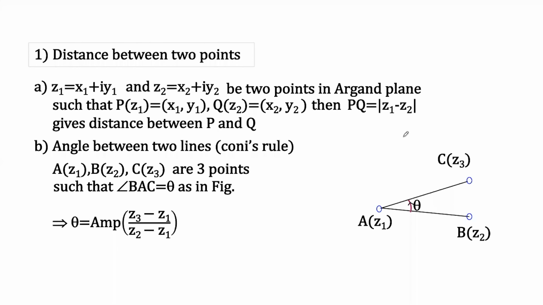Right, in complex numbers, there are a few more things we have to remember. First is the distance formula for two points. Between two points P and Q, complex numbers Z1 and Z2 are given, and we need the distance between Z1 and Z2.